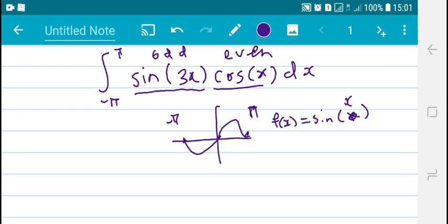So essentially what integration is, you're just summing a bunch of areas. So you're summing the area under a curve from this interval to the area under a curve from this interval.